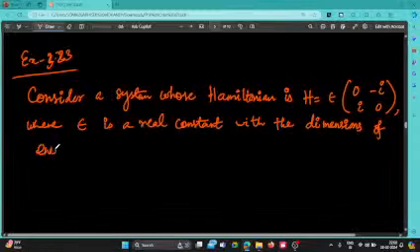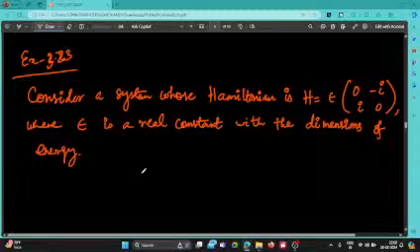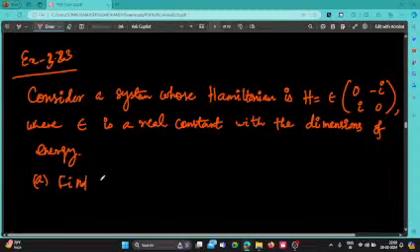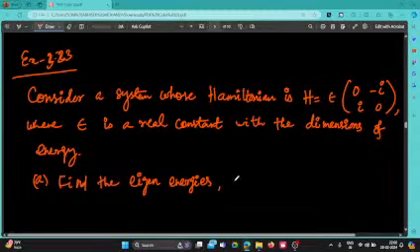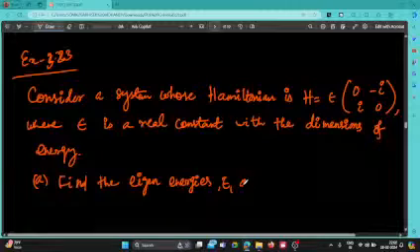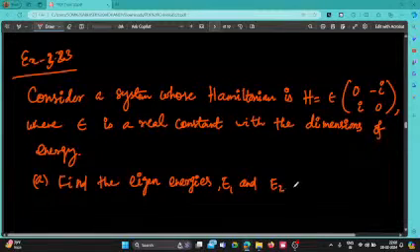First question: find the eigenenergies, that is E1 and E2, of the Hamiltonian H.